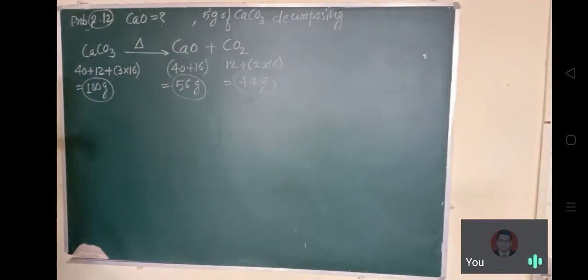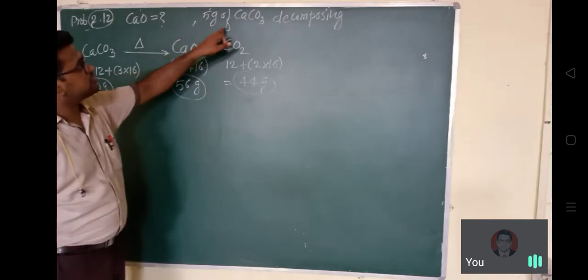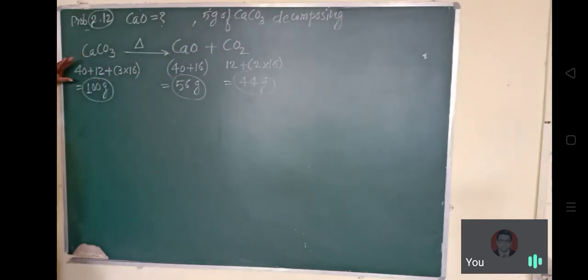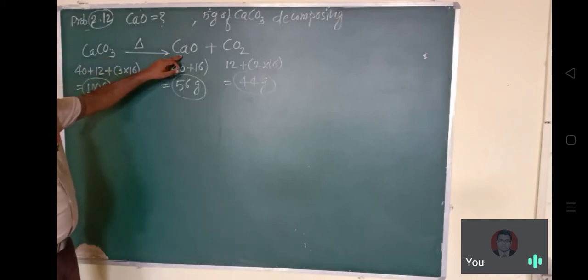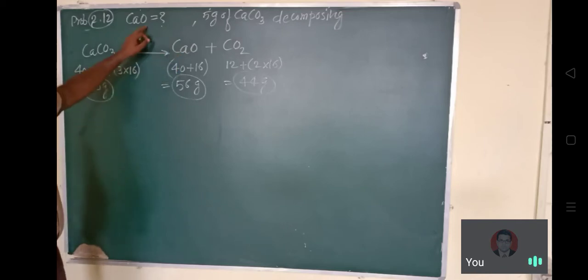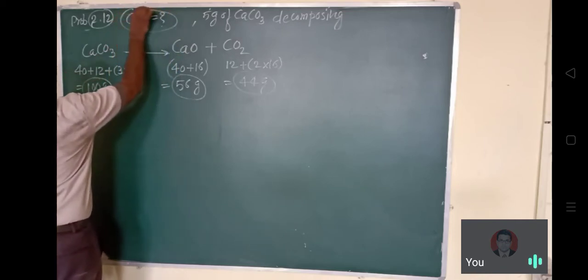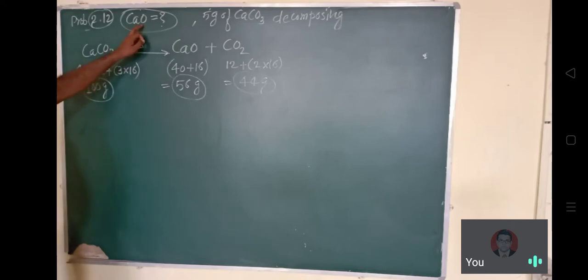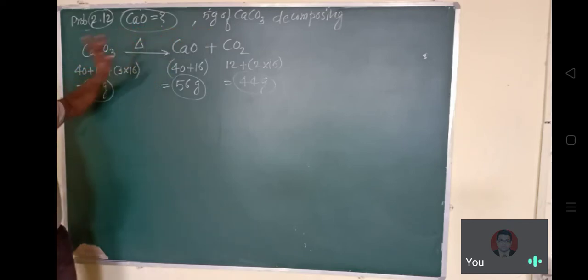Now we want to find out, when the quantity of calcium carbonate is 5 grams and it gets decomposed, how much calcium oxide in grams we will get.